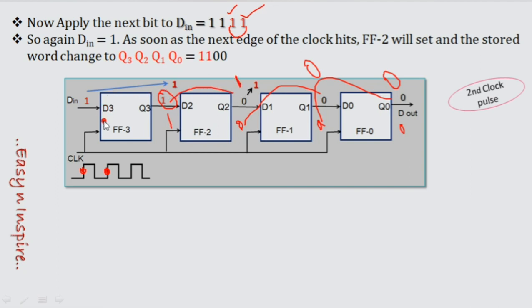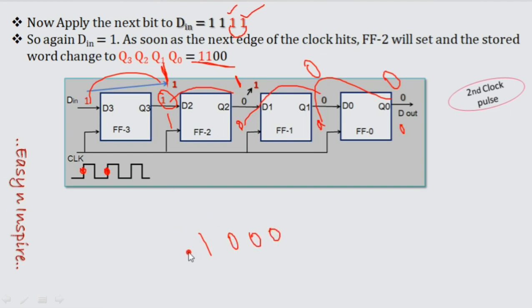And for this flip-flop, this one is given, so it is also going to produce 1. So my output is 1, 1, 0, 0. Just remember one thing: after the first clock pulse, output is 1, 0, 0, 0.